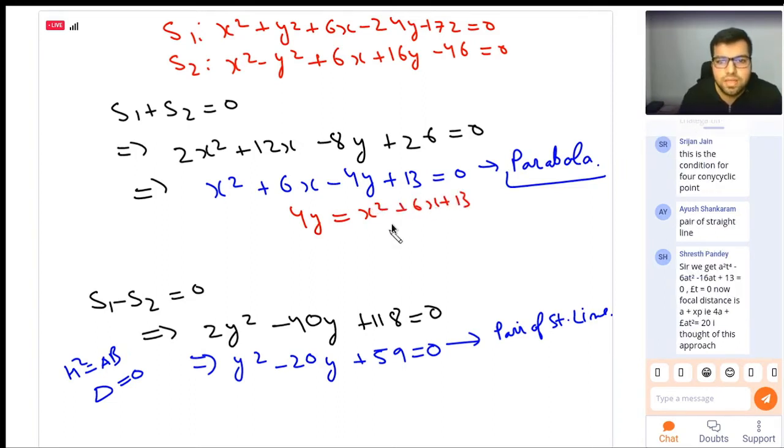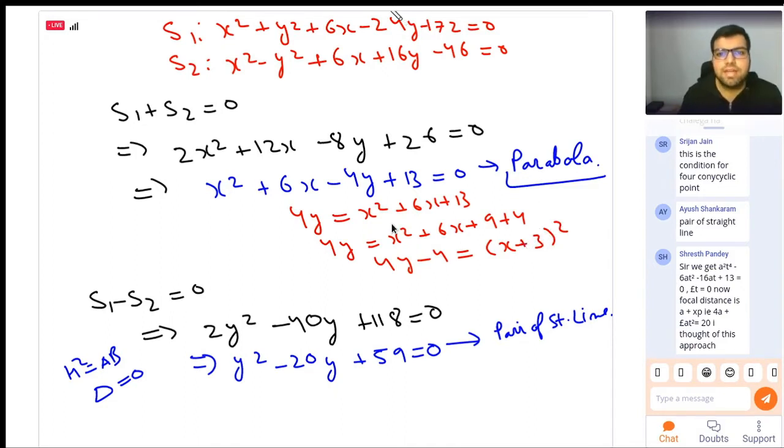Okay, this becomes 4y equals x square plus 6x plus 9 plus 4. This becomes 4y minus 4 equals x plus 3 whole square. So finally the equation that I'm getting is 4 times y minus 1 equals x plus 3 whole square.